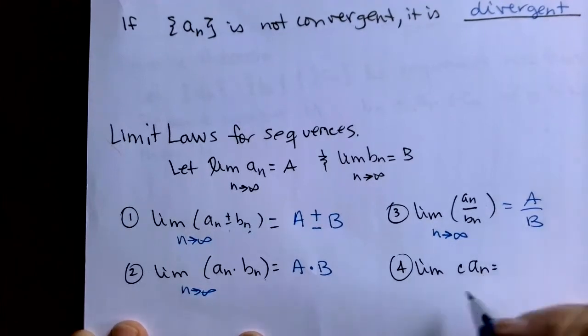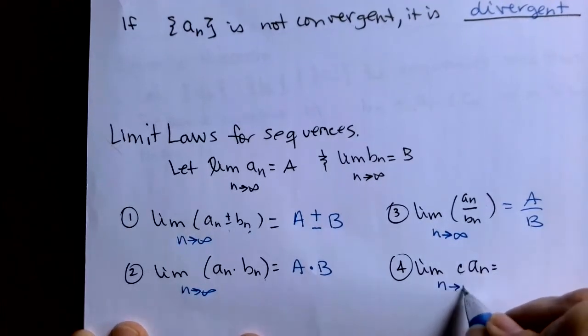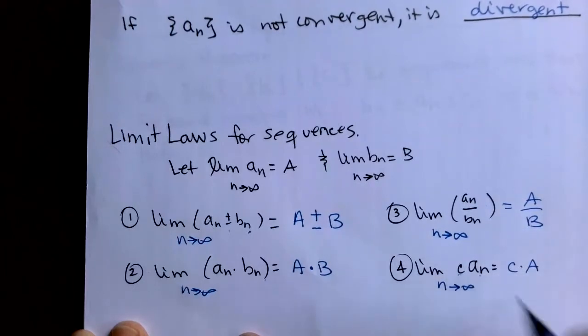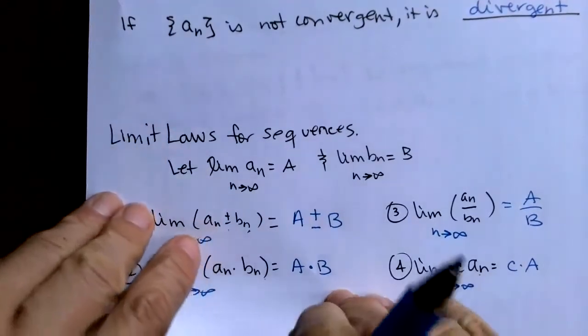Let me just slap a coefficient on there. And I know you know what this is going to be: c times the limit of that sequence a_n, so c times A.